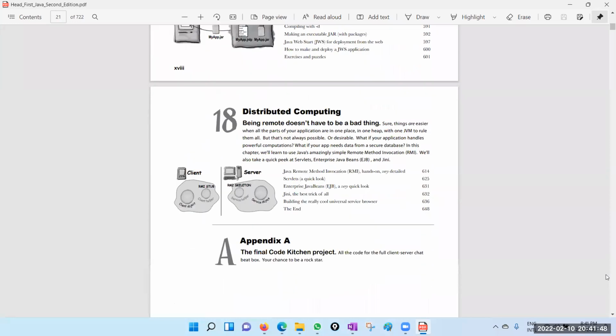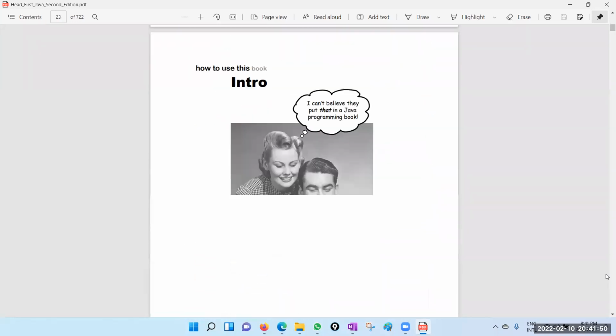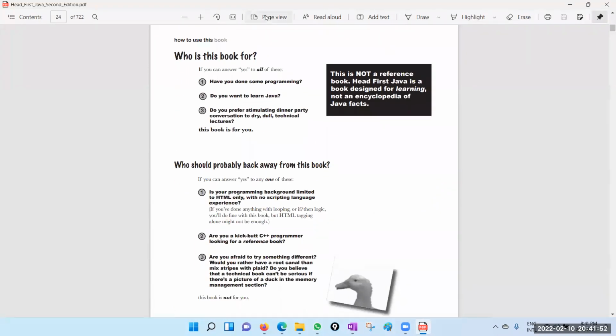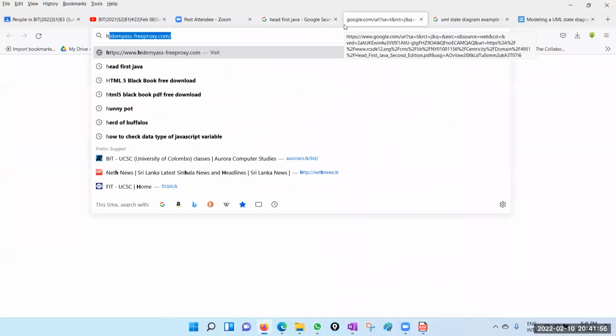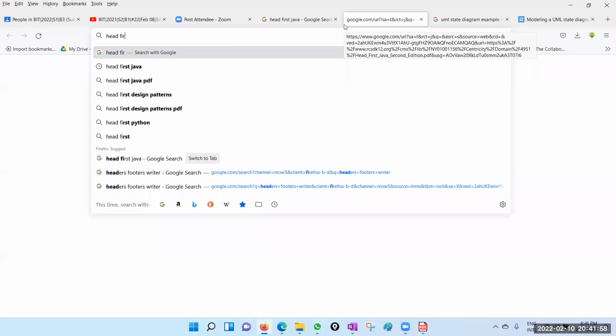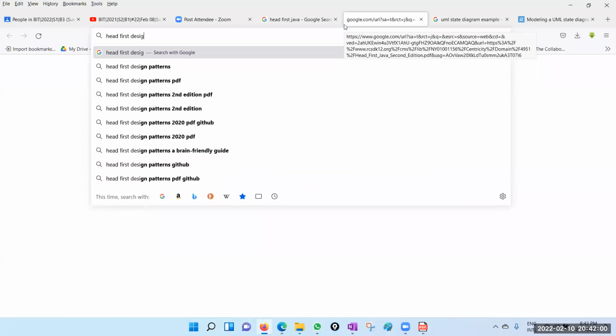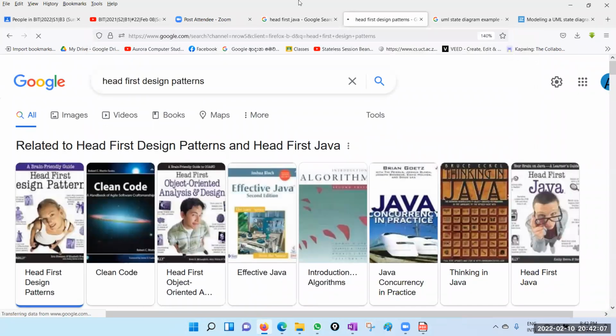If you want to go to the next level, the best book is Head First Design Patterns. But you will be able to understand that only if you have done really serious work in learning your Java, your programming subject.